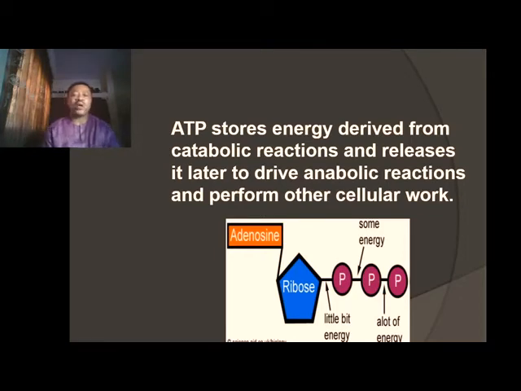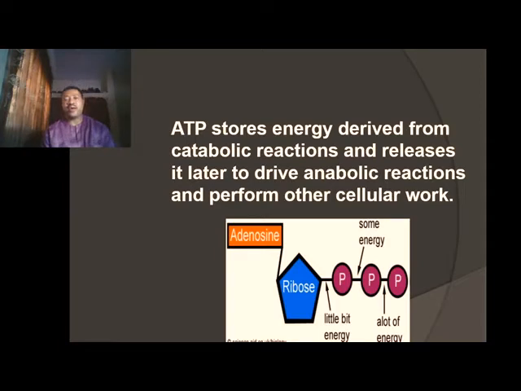This eventually brings about performance of other cellular work. So we can say that ATP is an intermediate molecule that acts as an intermediary between anabolic and catabolic reactions.